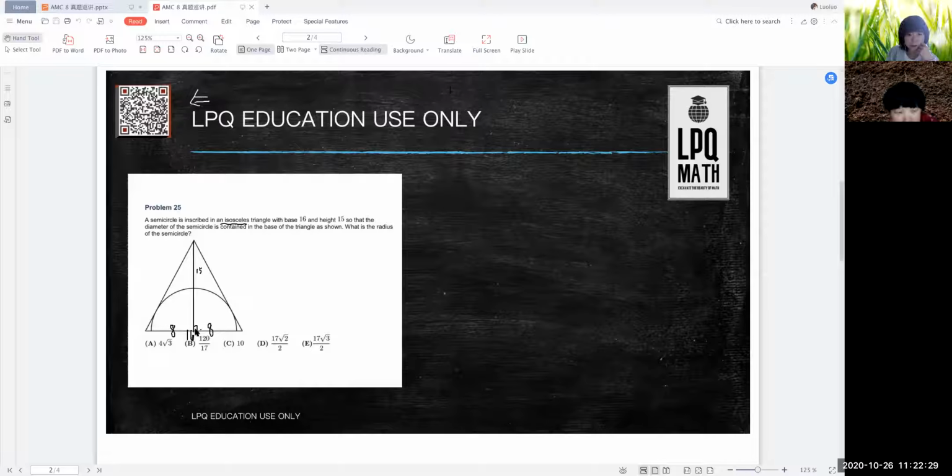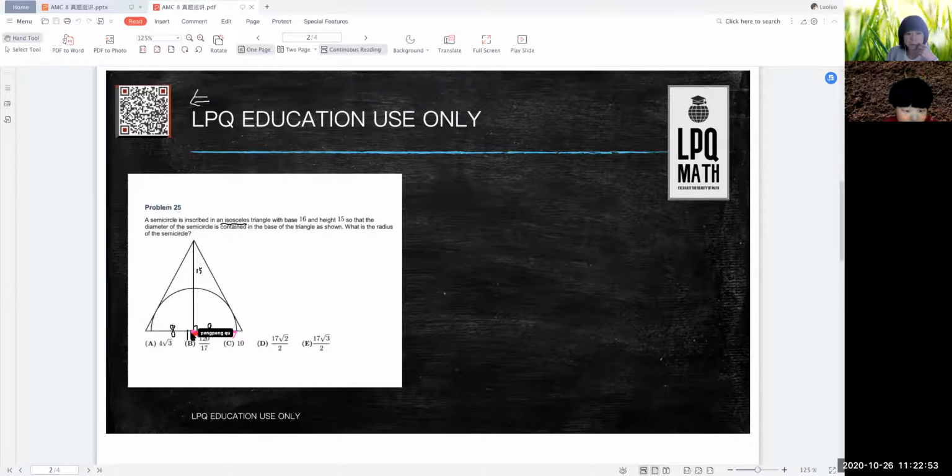So let's take a look at this one. They want to know what this is. But we have to understand something very important in the circle: every line inside the circle that goes through the center is the same length. So we will probably know that this one is the center of the circle as well.